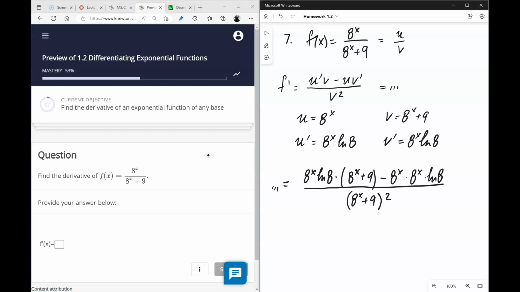Looks like we can simplify it. 8^x ln 8, 8^x, and here we have 8^x, 8^x ln 8, so it cancels, so the only thing that's left in the denominator is 9 ln 8, 8 to the power x. That's the final answer.